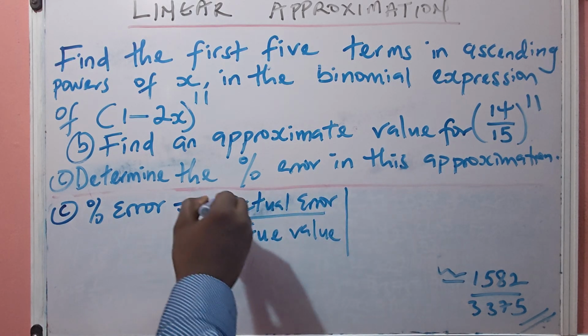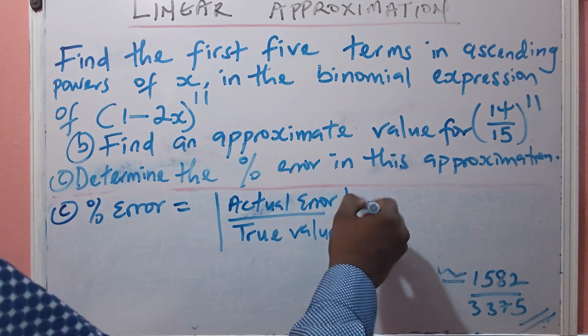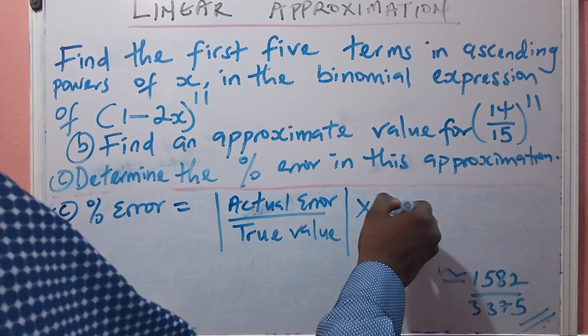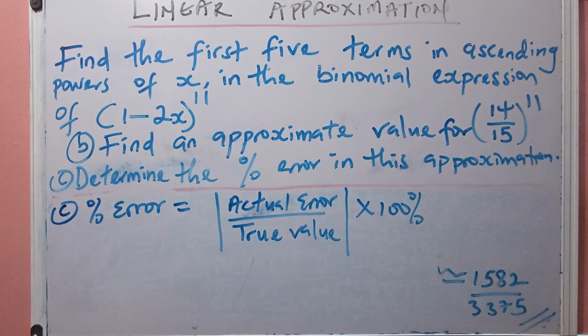Now you have to put in an absolute value here because, as I told you earlier, you do not want to be concerned about the sign. So depending on how the values go, you don't want to have a negative answer because you're not concerned about the sign when dealing with error.